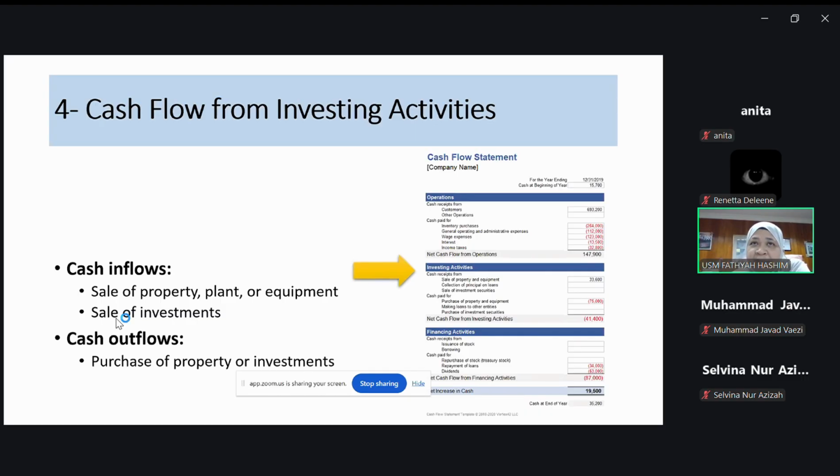Normally, we invest a huge amount of money, but it's not a regular thing that we do every month or every year. Perhaps once in a year, or once in 2 years, we make a big investment, right?